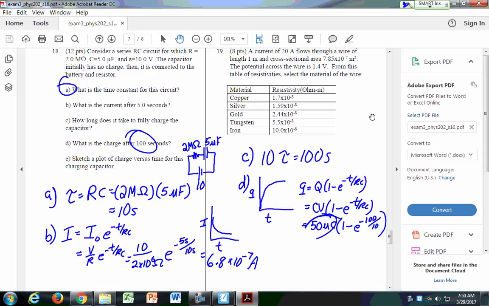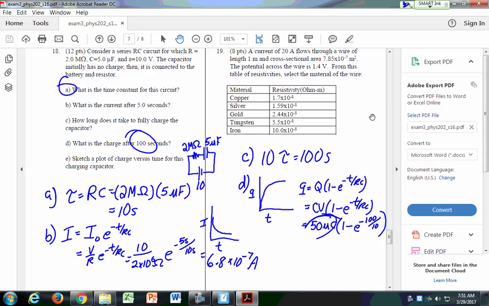But if you do this in your calculator, you'll find that this term is basically equal to 0. It's e to a really big number, e to the minus 10, so it's basically 0. So my answer is going to be just 50 microcoulombs. And if you just said that right out, that would be okay. You wouldn't have to go through this.